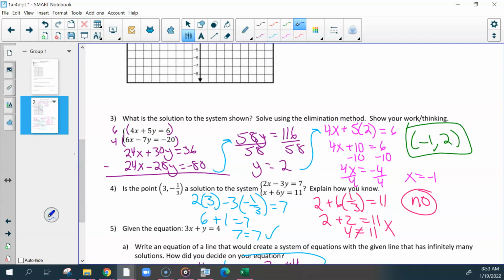So if x is 12, you would multiply this first one by 3. You don't need to write this down, but if you wanted to train yourself, you could. This should be fun. My brain is not working today. And multiply the bottom by 2.